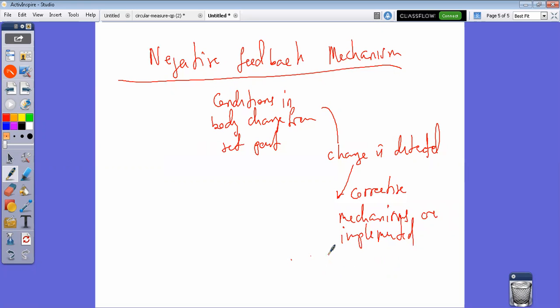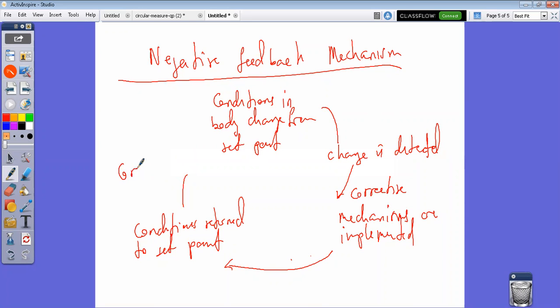Then conditions returned to set point. Corrective mechanisms switched off. We no longer need them.